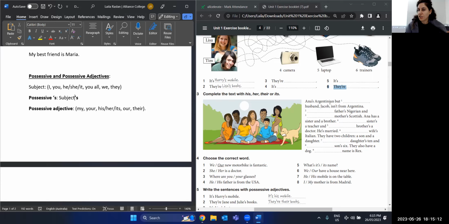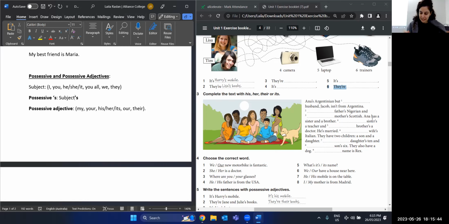Well, she's Argentinian. That's why I'm confused. Anna's Argentinian, but her husband, I think, is this man, maybe. But her husband isn't from Argentina. His father's Nigerian and his mother's Scottish. Okay, but let's continue.